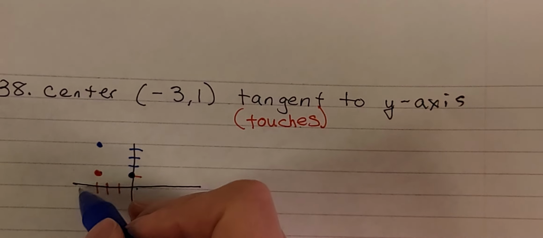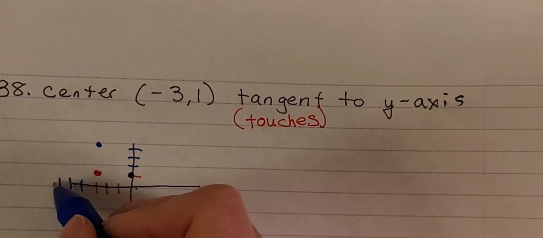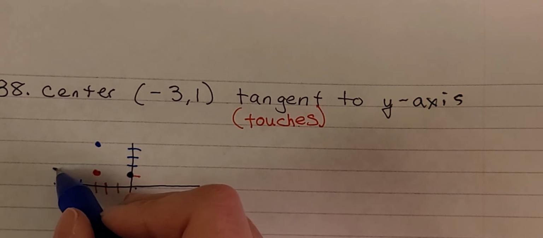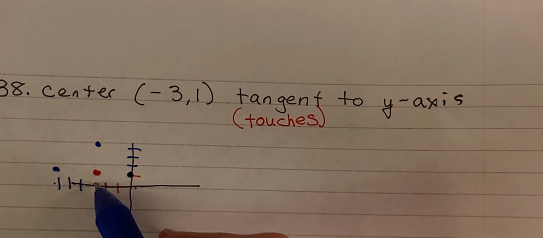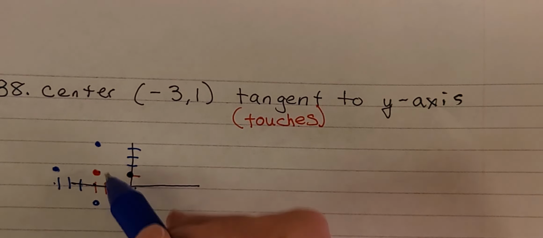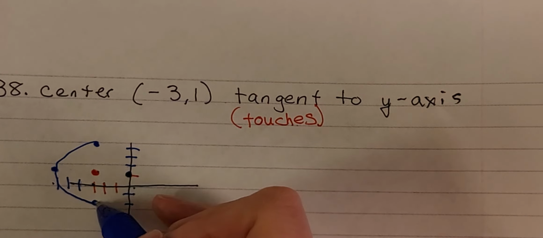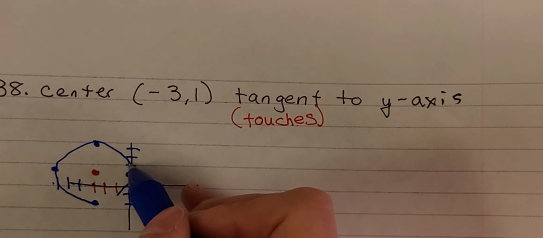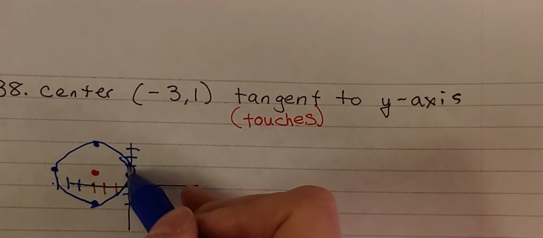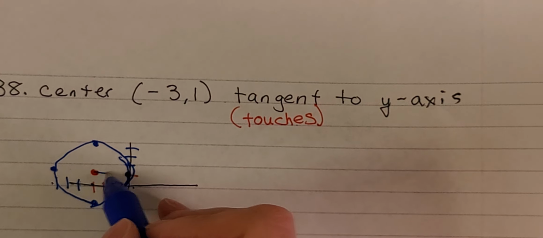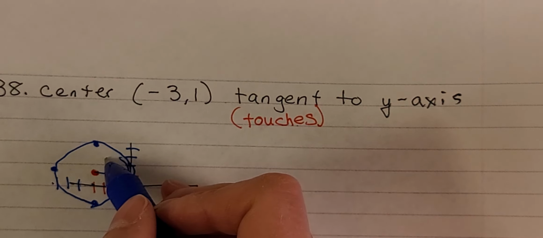So 3 spaces up, 3 spaces over. So we got 1, 2, 3. So this is what your circle looks like. Just pretend like that hit that dot there. You count your radius. The radius was 3.